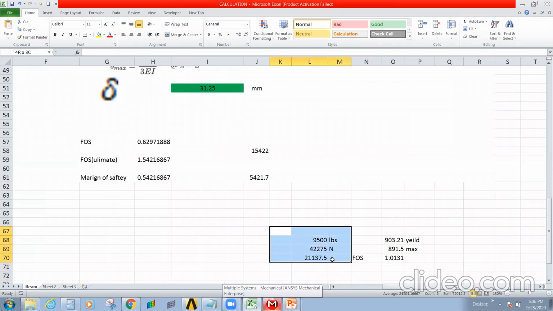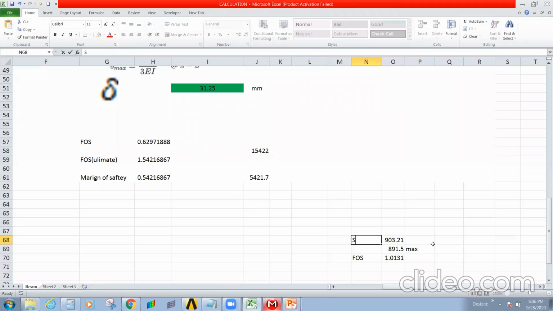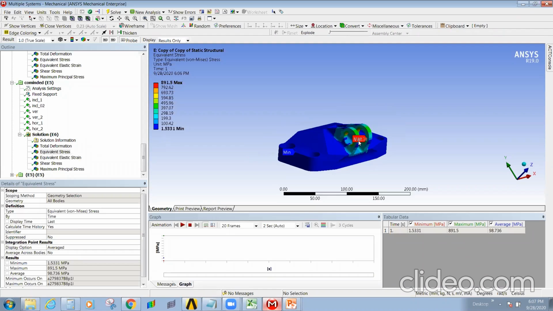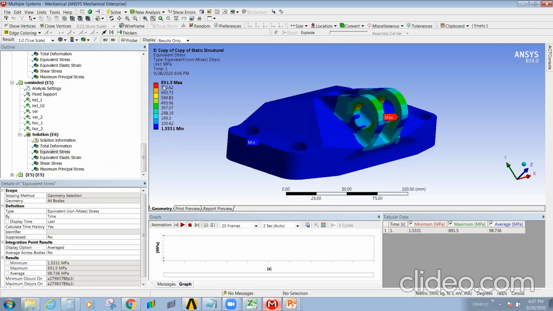Yes, yield strength. And your applied stress, that is your von Mises stress, is 891.5, which you got from solving the combined load case, which we consider as the more critical load case.